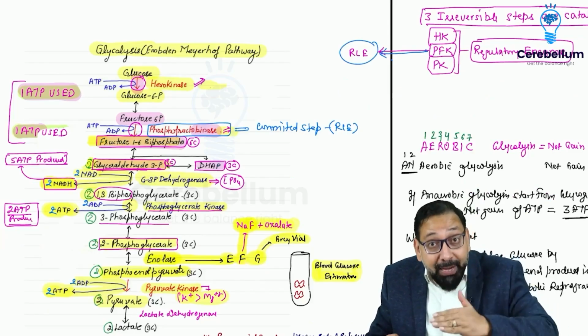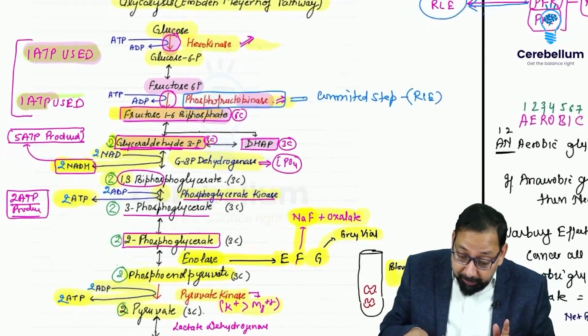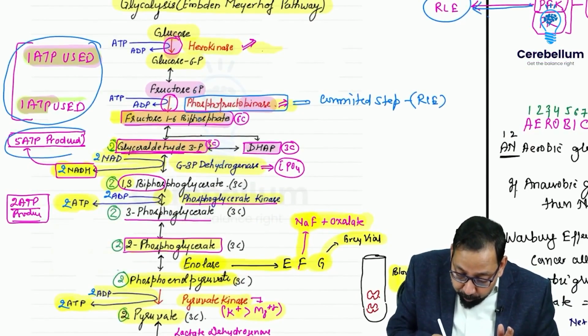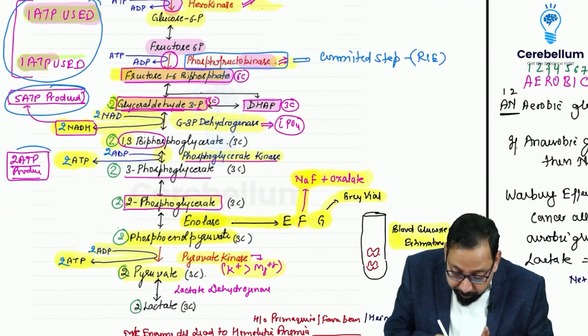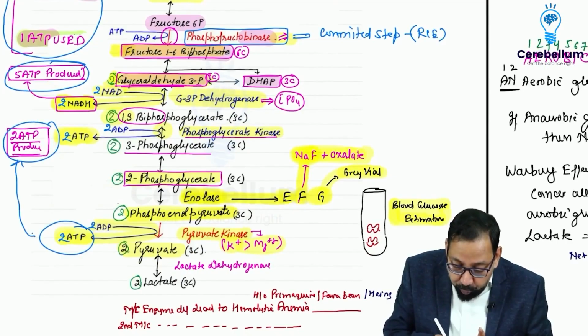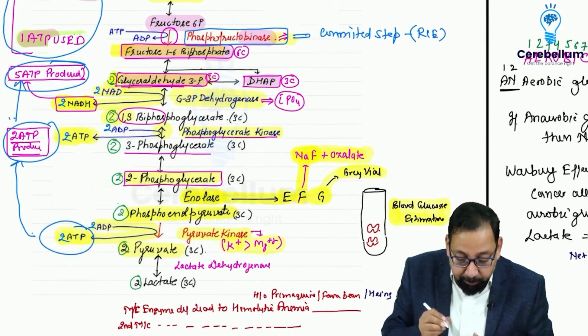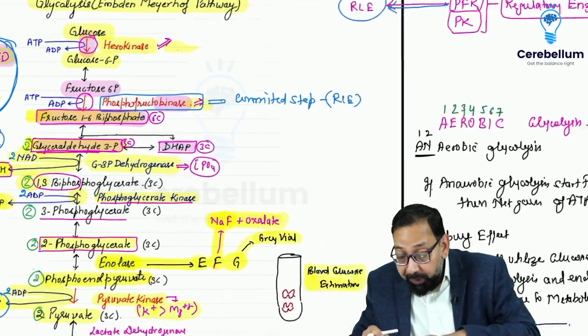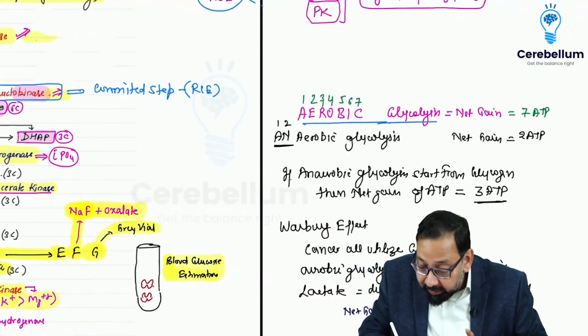So in this glycolysis, till now, I can say that 2 ATP used, 5 ATP produced here, 2 ATP produced here, 2 ATP produced here. 2 plus 2, 4 plus 5, 9 ATP produced, 2 ATP used, net gain 7 ATP. Aerobic glycolysis, net gain 7 ATP.